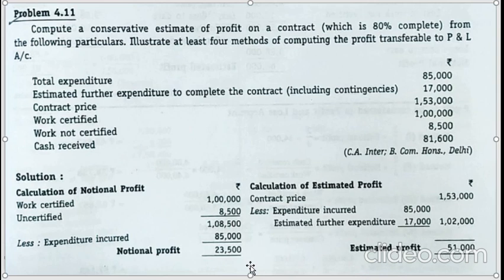Next is the calculation of estimated profit. To calculate estimated profit, we will be taking the contract price, which is 1,53,000, minus the expenditure incurred and the estimated expenditure.